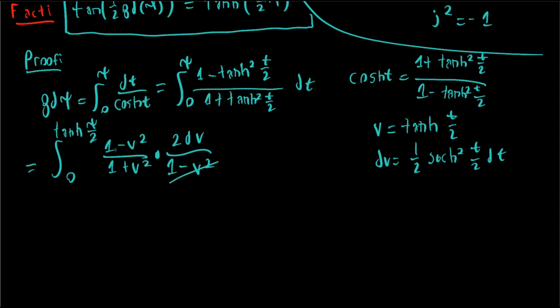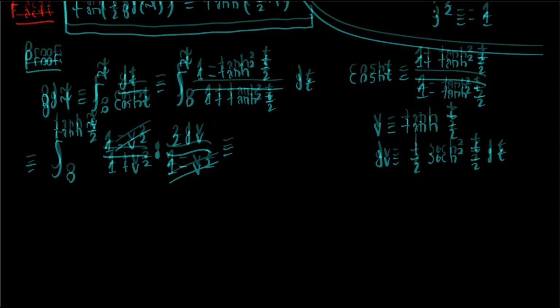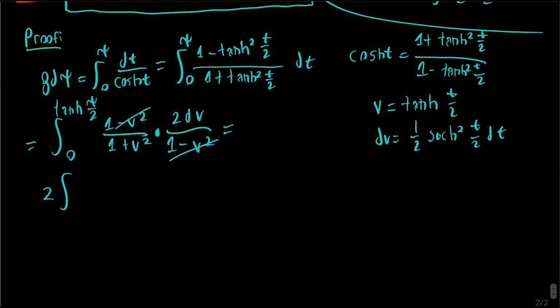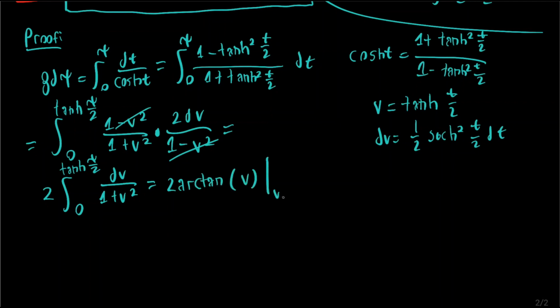Now the 1 minus v squared and 1 minus v squared will cancel out. By the linearity of the integral, we can bring the constant up front. This will be 2 times the integral from 0 to the hyperbolic tangent of psi halves of dv over 1 plus v squared. And we know this is just the arctangent of v, evaluated from v going from 0 to the hyperbolic tangent of psi halves.